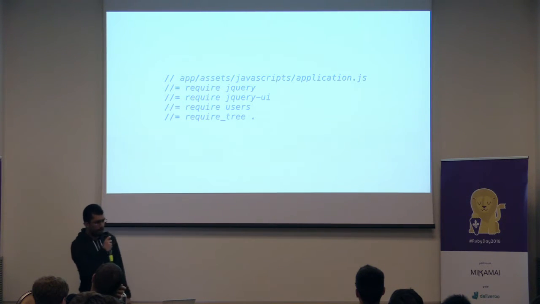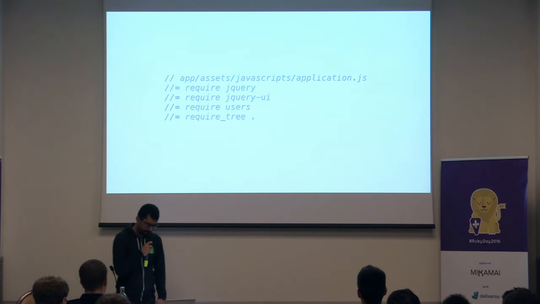In this case, it's requiring 3 files and 1 directory, saying that to build this application.js file, we have to include jQuery, jQuery UI, the users file, and also all the JavaScript files in this directory.